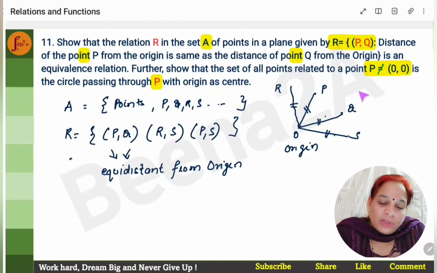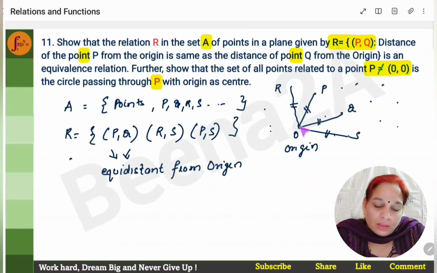And there could be certain points which are far away also in the plane, but these points do not have the same distance as O and P. So all these points are there in the set A, but in the relation set you will only have those points which are at the same distance from the origin. There could be multiple other points, A, B, C, D, E, F, an infinite number of points in the plane.